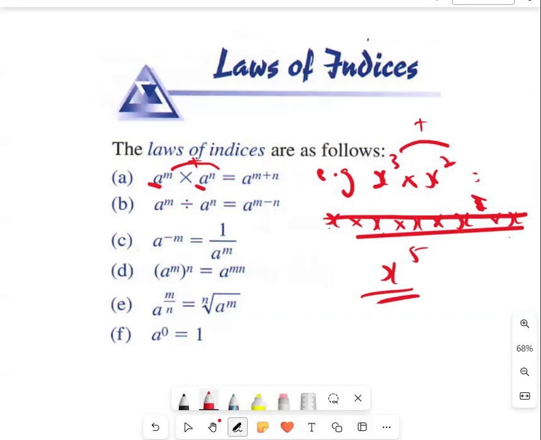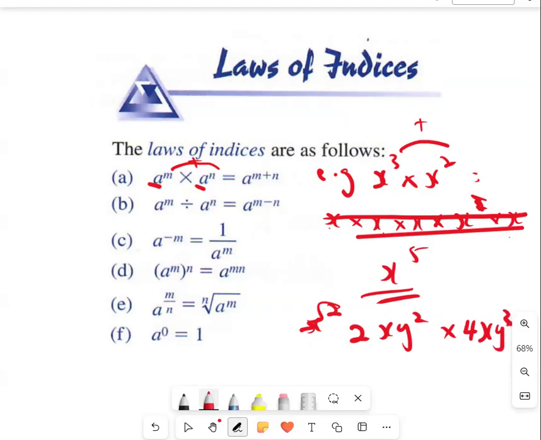Yes, sir. You can have something like this too. Let me go with 2xy squared multiplied by 4xy cubed.